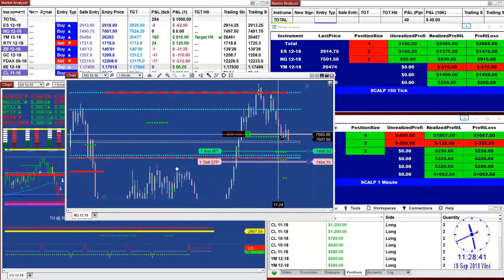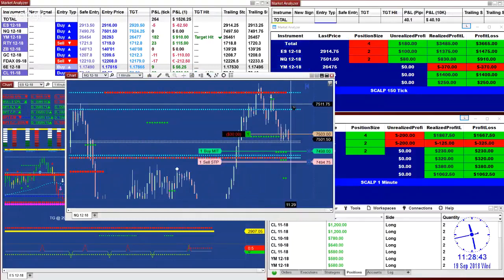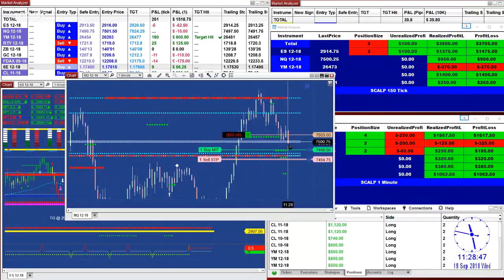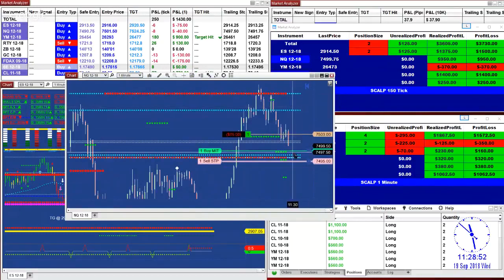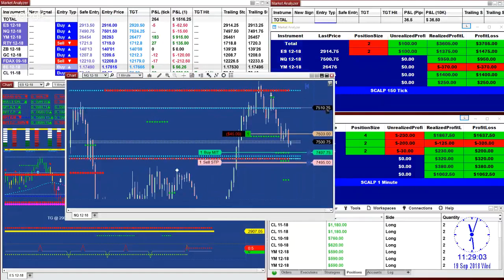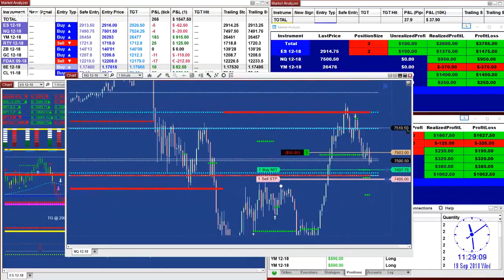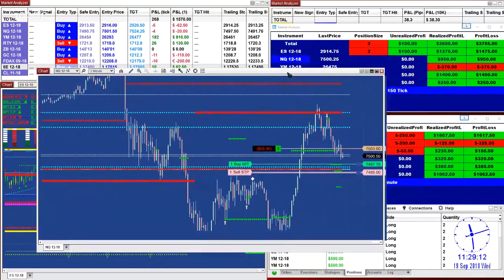If the first contract takes off, we are okay with that. If the market is going to go against us, at least we can average the price on those two. So this is for the guys who have more than one contract.